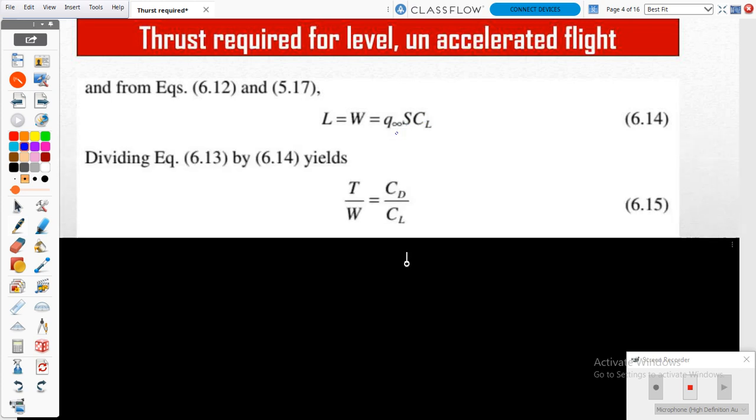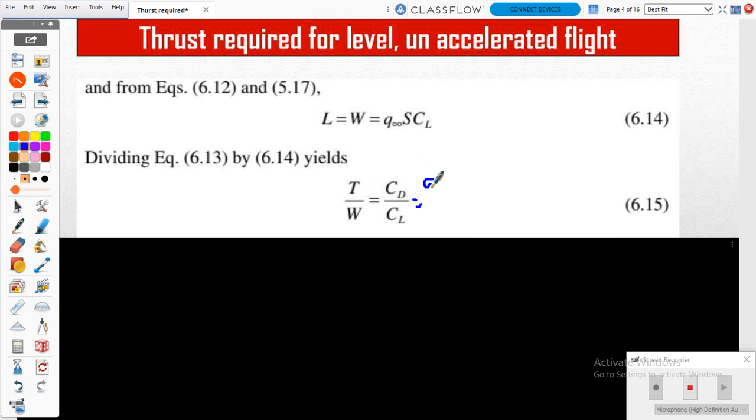After that we need to divide them, thrust to the weight. So thrust to weight equal to CD divided by CL. How it becomes: we need to substitute the value of thrust.